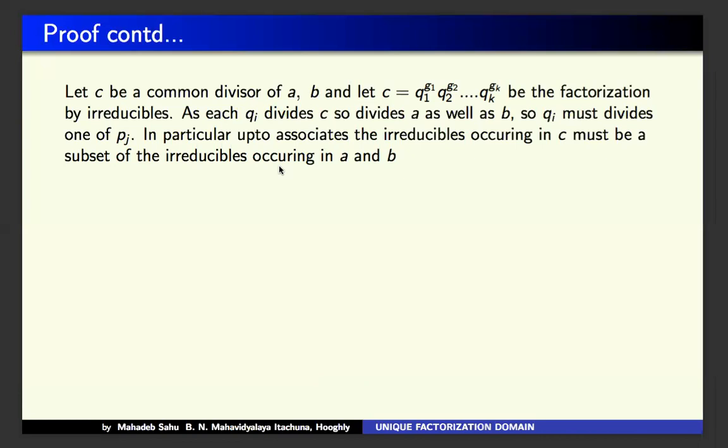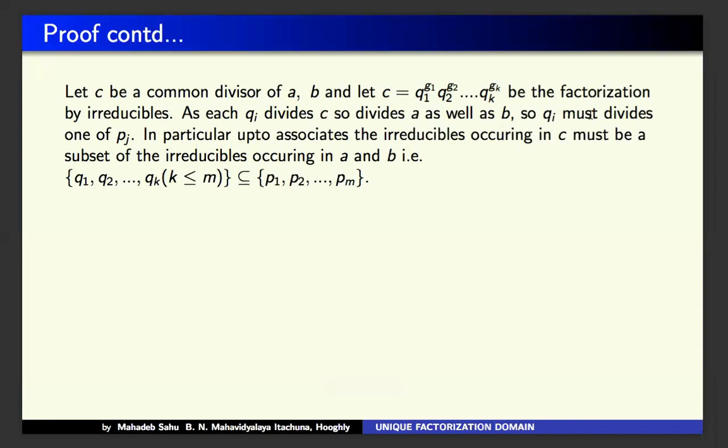But there is a question: some of the Pi may remain. Suppose some of the irreducibles in A and B may remain not divisible by any of the Qk's. So it may occur in this form. So at least all of the Qi's must divide some Pi. So you just note it.